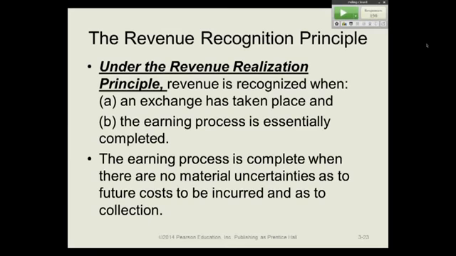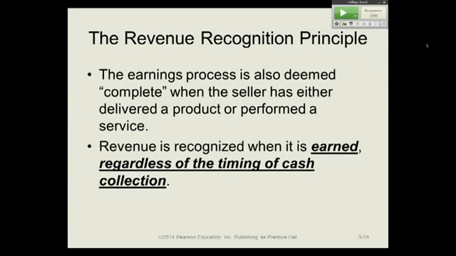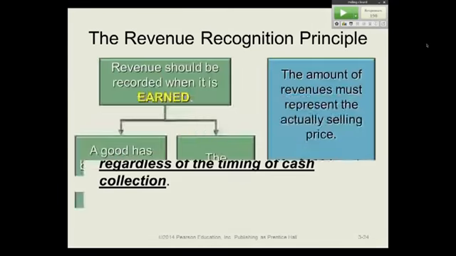We also say the earning process is completed when the seller performs all the needed services. There is a question about whether a warranty is actually given at that point, but nonetheless, we recognize revenue generally at the point of sale.